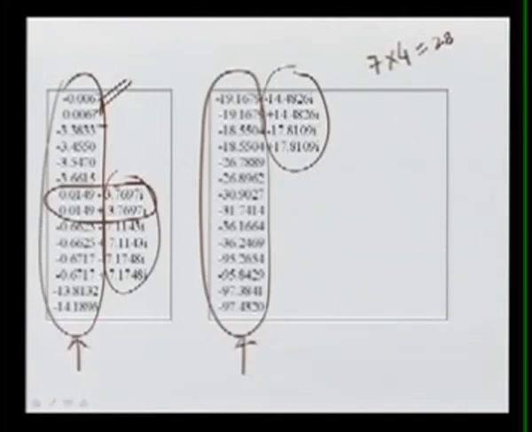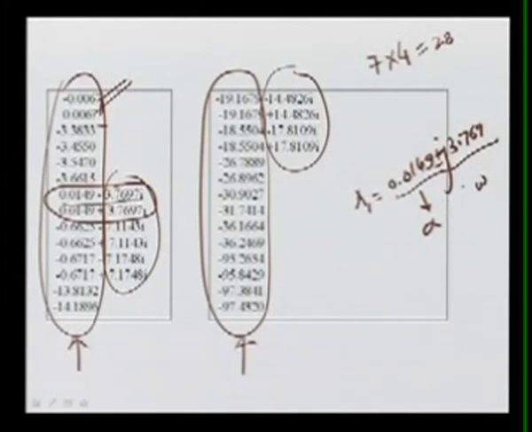Here, lambda 1 is nothing but 0.0149 plus or minus j 3.769, where this is alpha and this is omega.